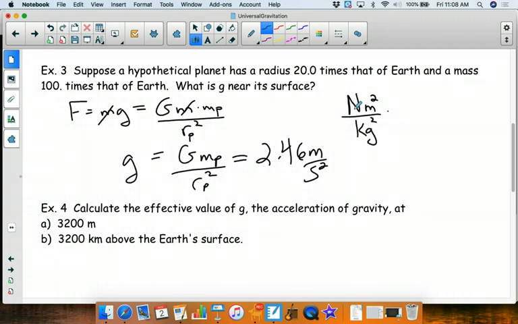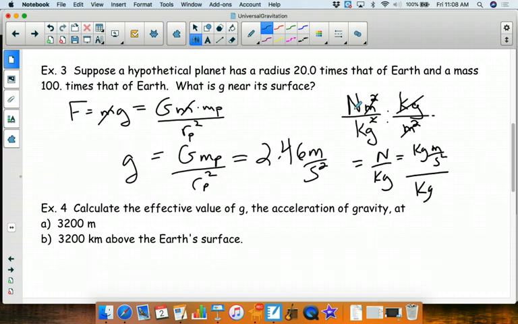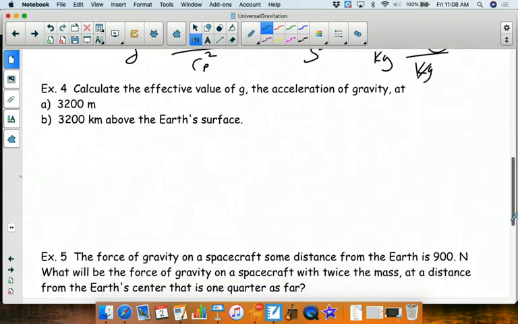And it's going to be multiplied by kilograms from the mass of the planet and divided by meters squared. So the meters squared will cancel, and kilograms will cancel with one of those kilograms. We get newtons per kilogram. And a newton is defined as a kilogram meter per second squared. We divide that by kilograms, and we are left with meters per second squared.